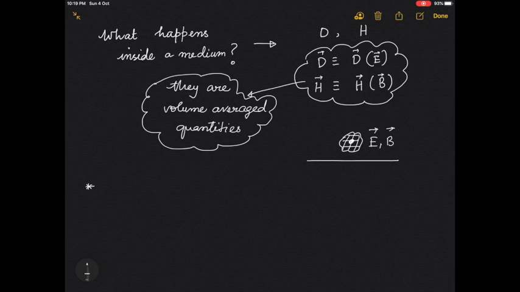For the third point, this may surprise you: we have these two parameters, epsilon naught and mu naught. What we can measure is a combination of them.